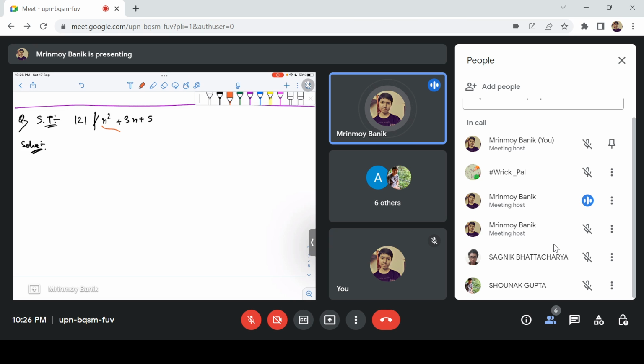So, you have to first factorize this part. As you can see, you can't directly factorize this, so just add and subtract 33, plus 33 and minus 33, or minus 33 and plus 33.